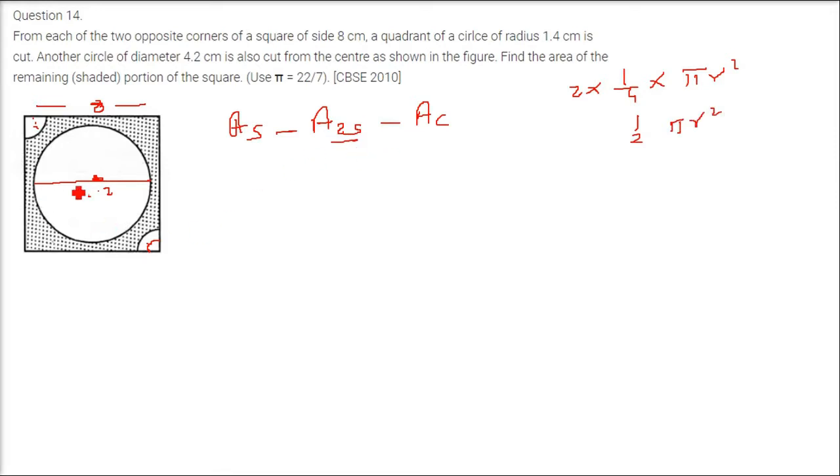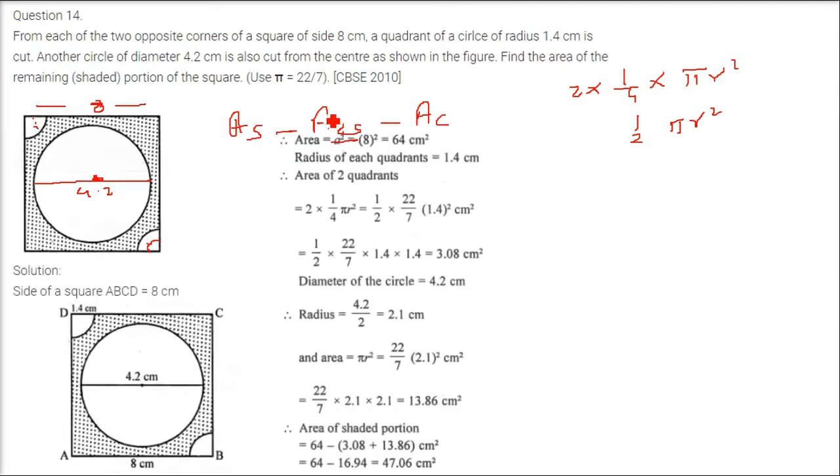And what is the radius? It is given 1.4. So let me write now. AS, which is the area of the square, is going to be 8 into 8. Now minus area of the two sectors, which is half into pi into r square, with radius 1.4 into 1.4.